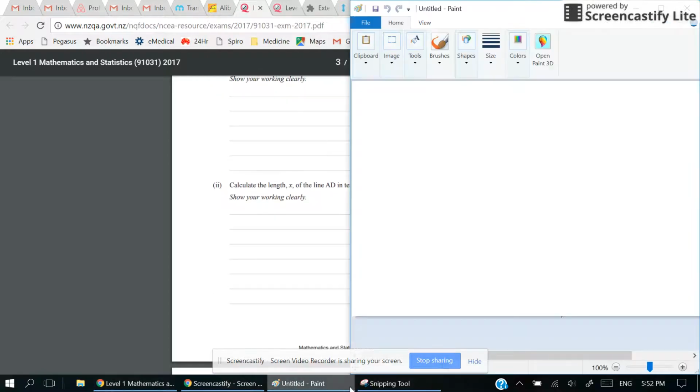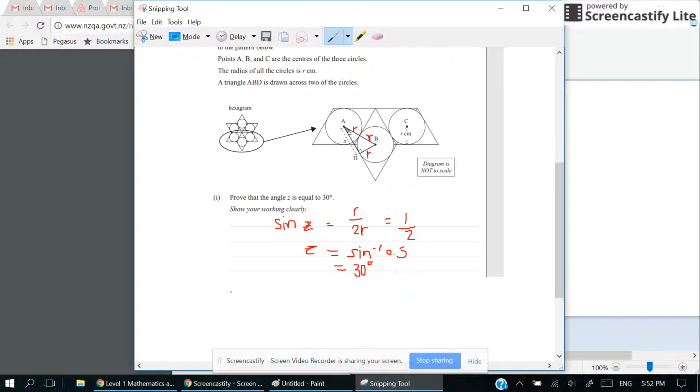We know it's a right angle triangle, so from Pythagoras' theorem, the sum of the squares of these two sides equals the square of the opposite side. So x squared plus r squared equals 2r, all of them squared.